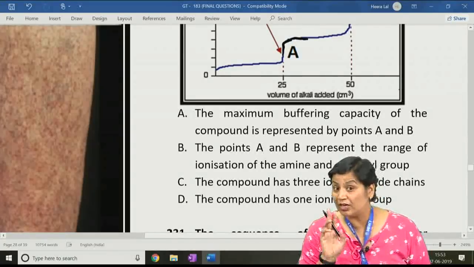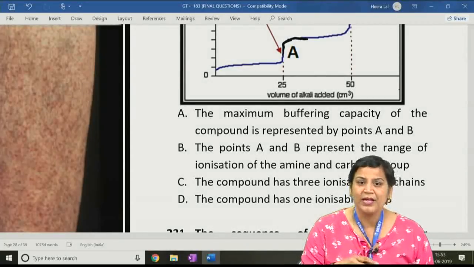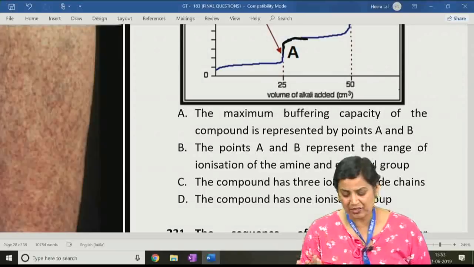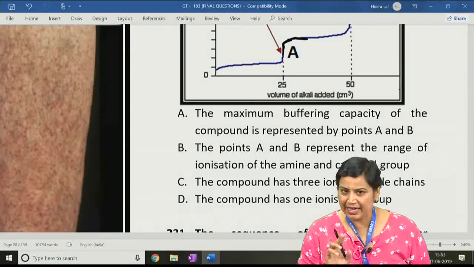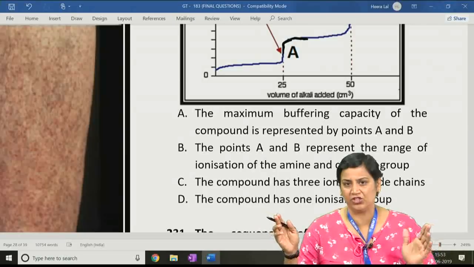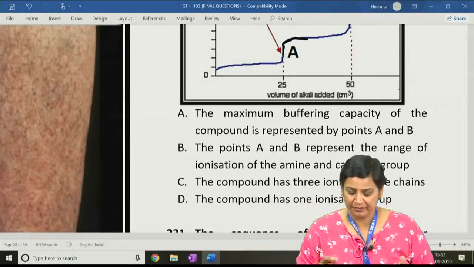As you can see, there are only 2 ionizable side chains, one representing the amino group and the other representing the carboxyl group. The fourth option says it has 1? No, it has 2. So the answer to this question would be B. The points A and B represent the range of ionization of the amino group and the carboxyl group.